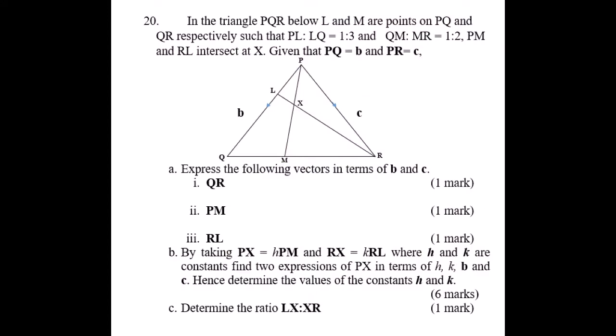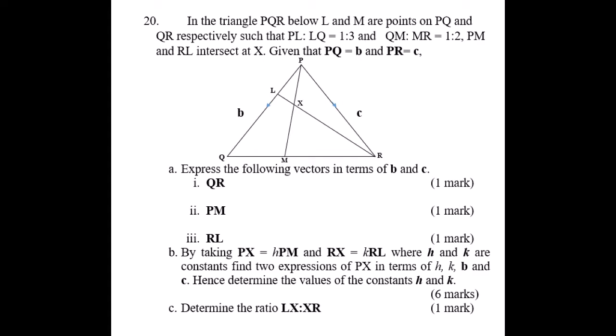Number 20, a question on vectors. You are given that we have a vector PQ that is b and vector PR that is c. Then there is a point M and a point L that lie along the vector QR and vector PQ respectively.